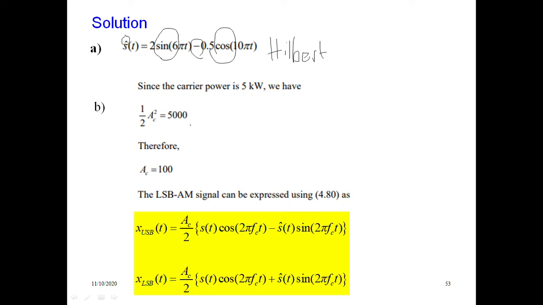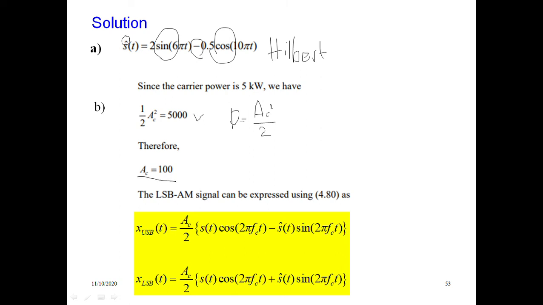Now we want to find A_c. We know that the power is equivalent to A_c squared divided by 2. This is how you find the power at the spectrum level. It gives you the power 5k, so you get A_c equal to 100.